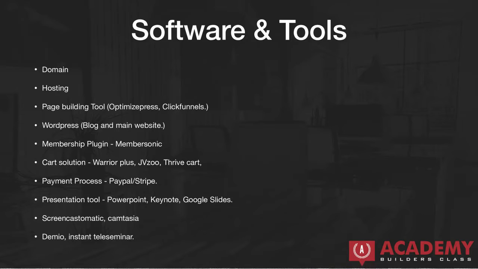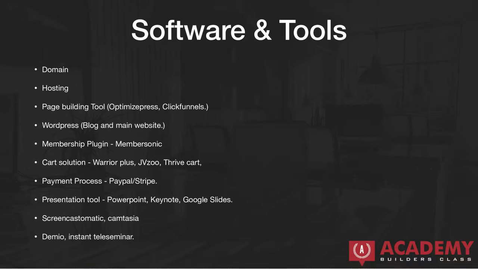You're going to need WordPress or at least some type of blogging platform. I like WordPress because it's been around for so long. Makes it easy to pull up a nice theme and put your hub content on a nice looking blog. And really it controls your whole website as well. You're going to need some type of membership plugin.